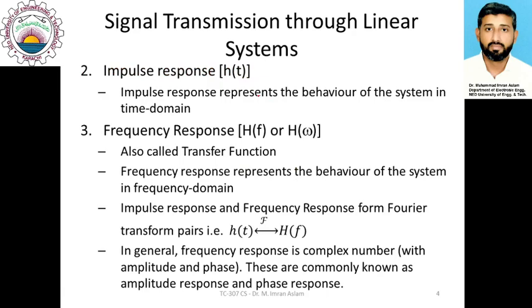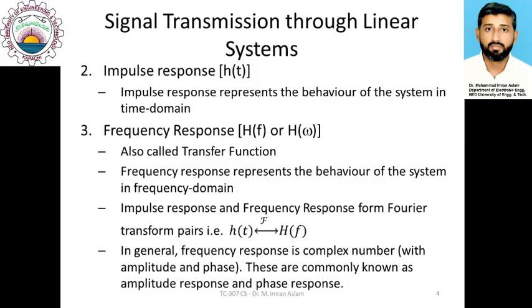So by representing the impulse response, we are representing the behavior of the system in the time domain. As I discussed, signals can be represented in the time domain as well as in the frequency domain. Similarly, any system can also be represented in the time domain or in the frequency domain.